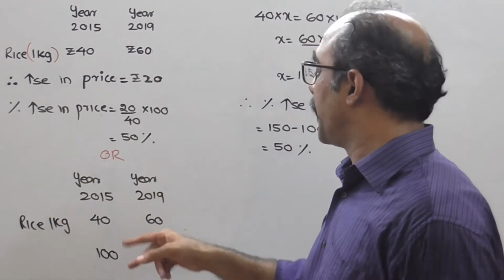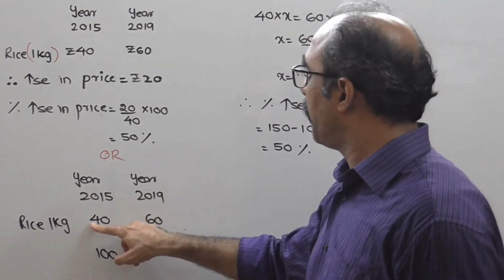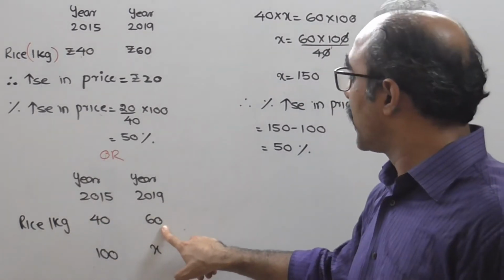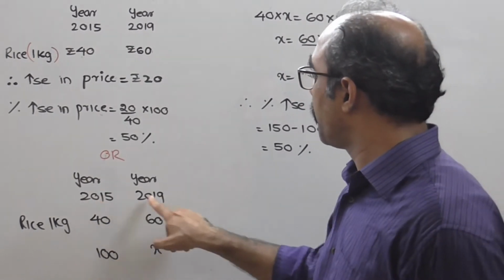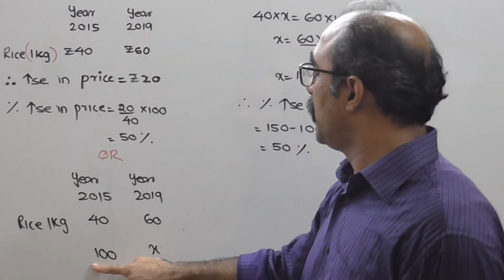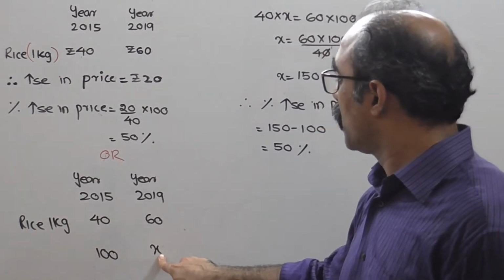There is an alternative way. Year 2015, year 2019, price of 1 kg of rice is 40 in 2015 and 60 in 2019. What if I assume the price in 2015 as 100 and I'll try to find the price for 2019.